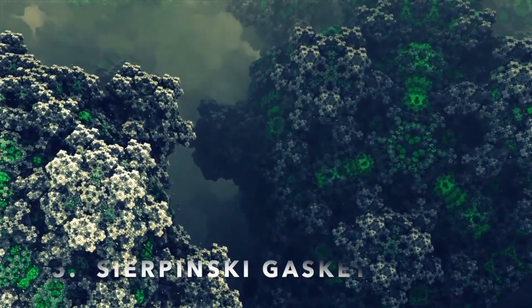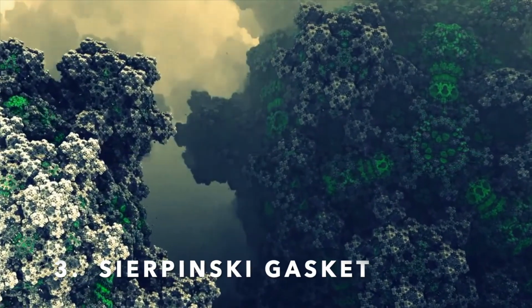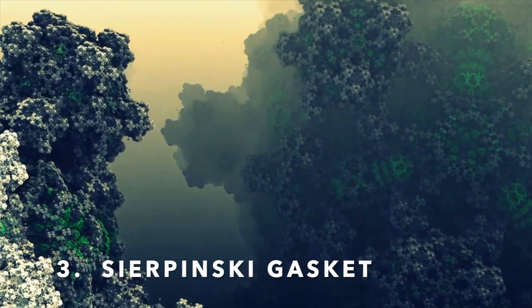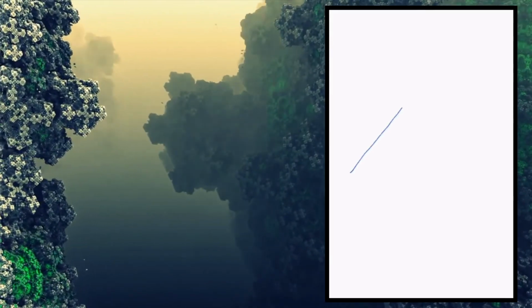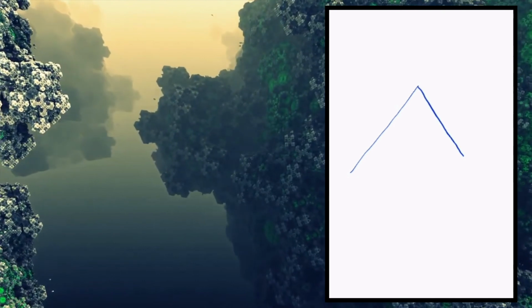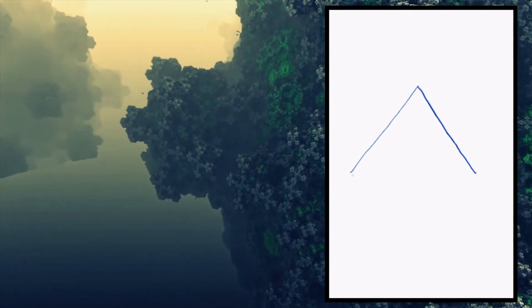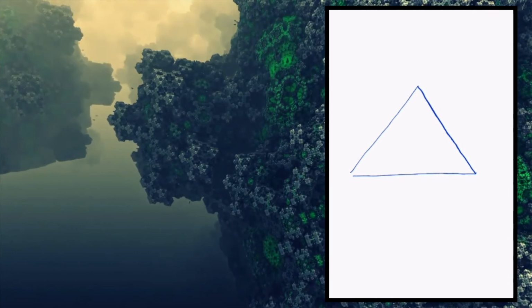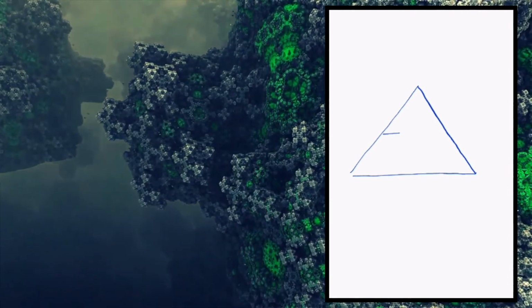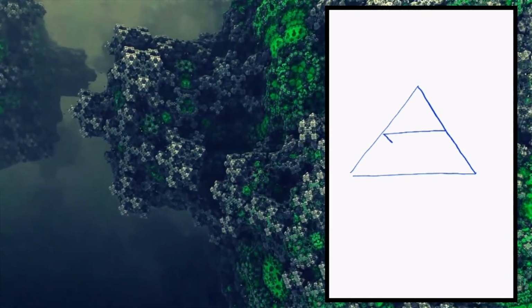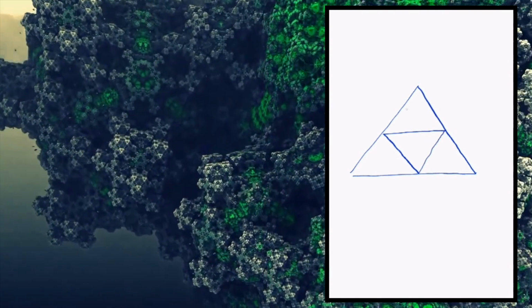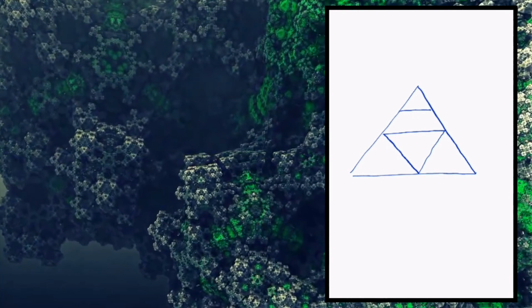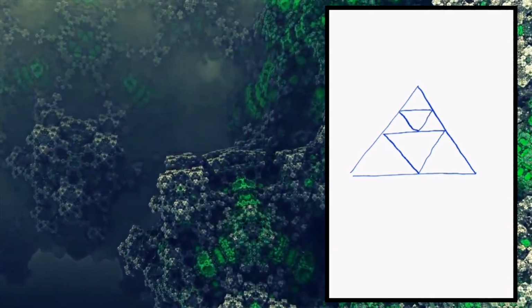The last fractal we're going to draw today is the Sierpinski gasket, and we start again with an equilateral triangle, filling as much of the page as possible. And once you've drawn that, you want to draw an upside down equilateral triangle embedded within the first, and make sure that the 3 vertices touch the edges of the first triangle.